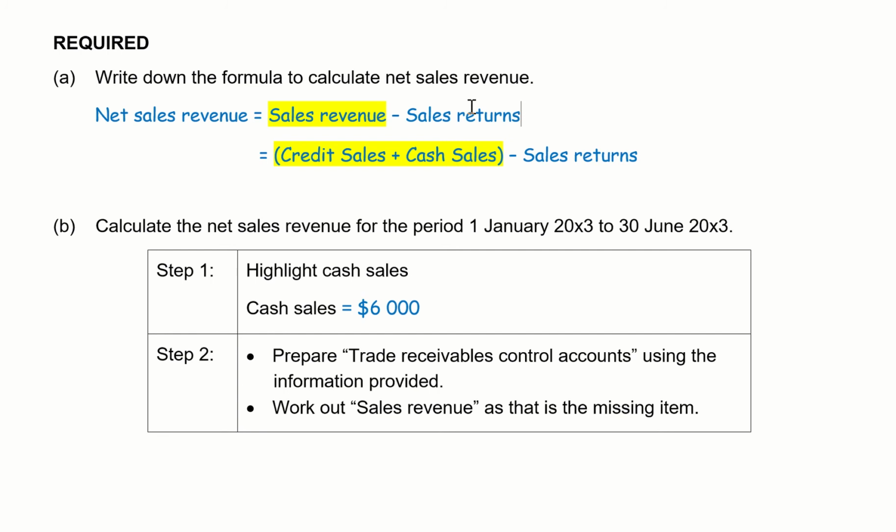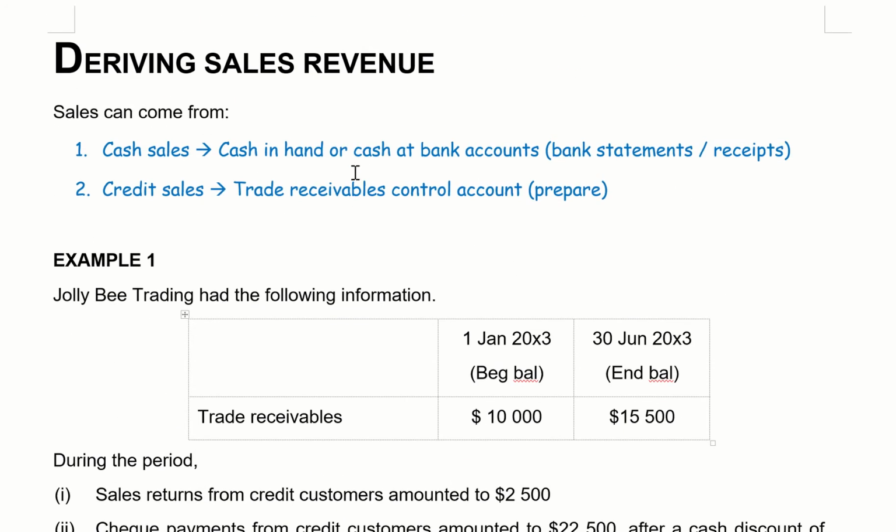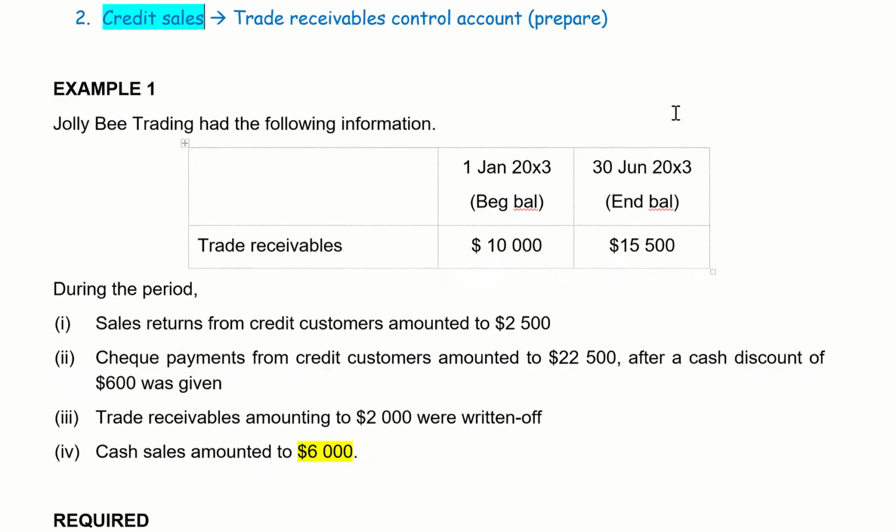The next step, you are done with cash sales, but you still have credit sales. Oh, you also have sales returns, but let's focus on sales first, okay? So now you want to look at credit sales. For credit sales, like what I mentioned to you earlier, we want to look at the trade receivables control account.